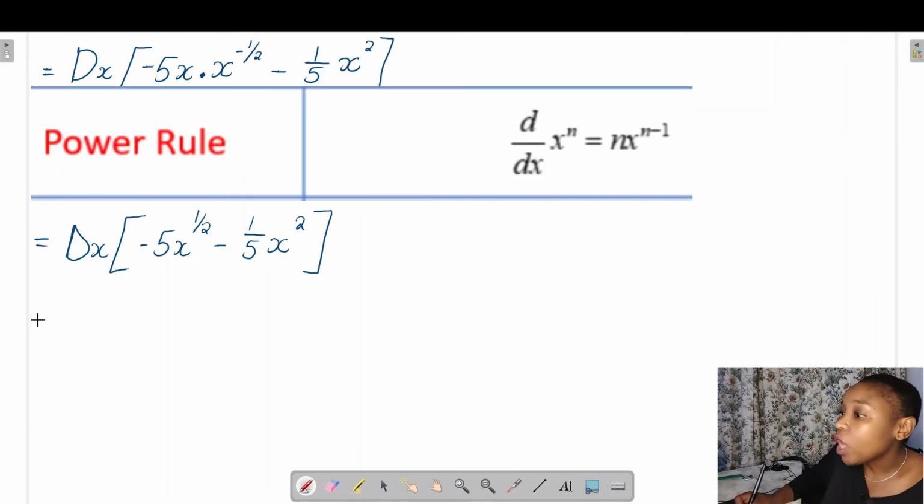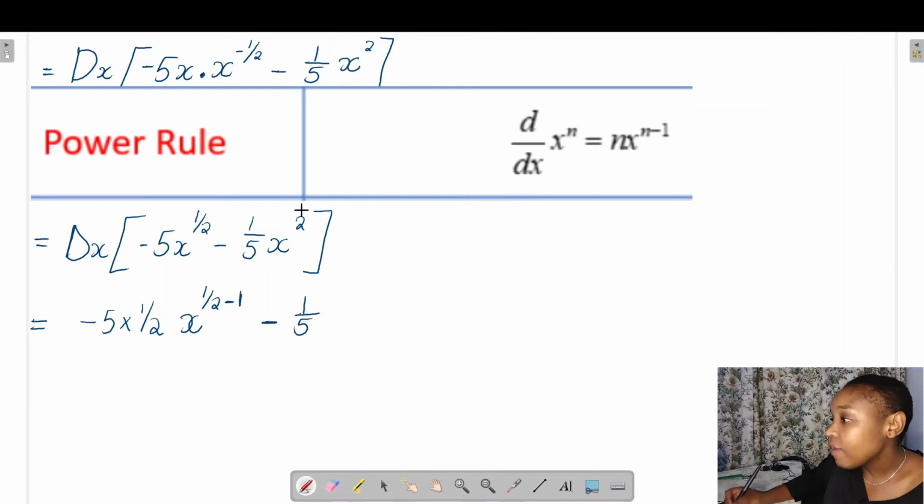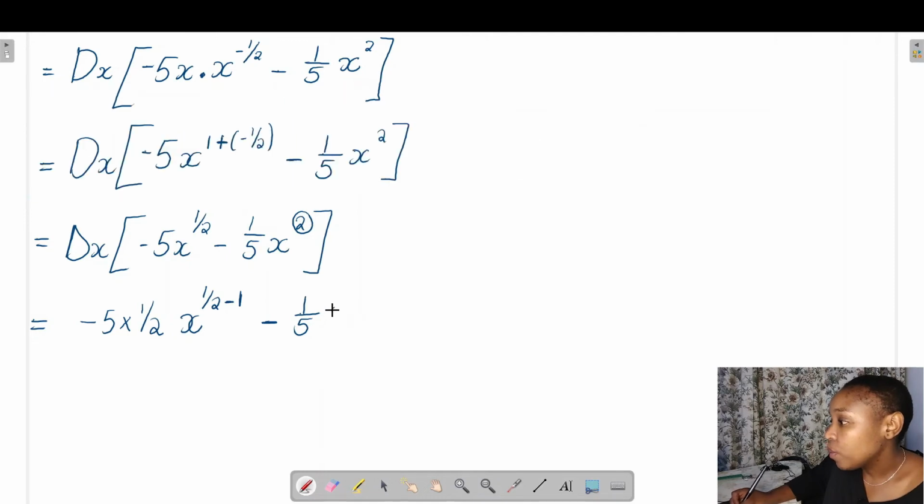It's going to be negative 5 multiplied by 1 over 2, and then x to the power of 1 over 2 minus 1. That is the rule that you need to apply. Minus 1 over 5 multiplied by this 2, times x to the power of 2 minus 1.